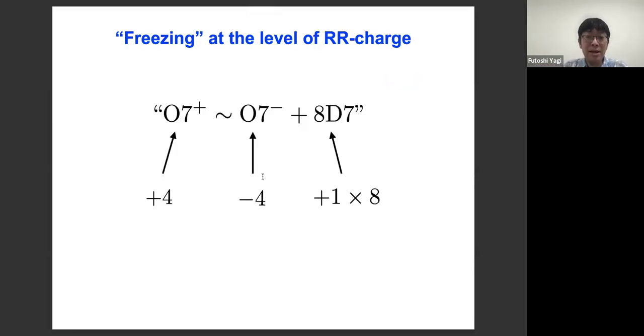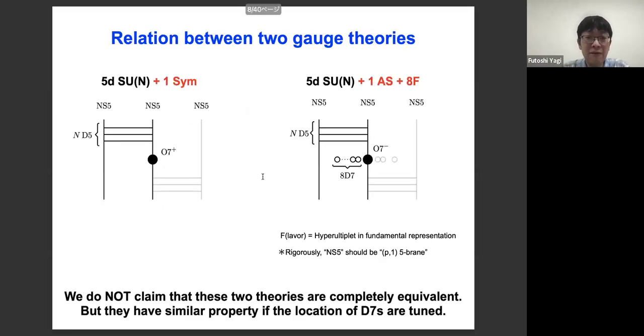And in order to investigate this relation at the level of symmetric gauge theory, for example, we can consider something like this. I said that the 5-dimensional SU(N+1) symmetric tensor can be realized by using an O7+ plane like this. And I said that I would like to consider the relation between this O7+ and O7- plus 8 D7.